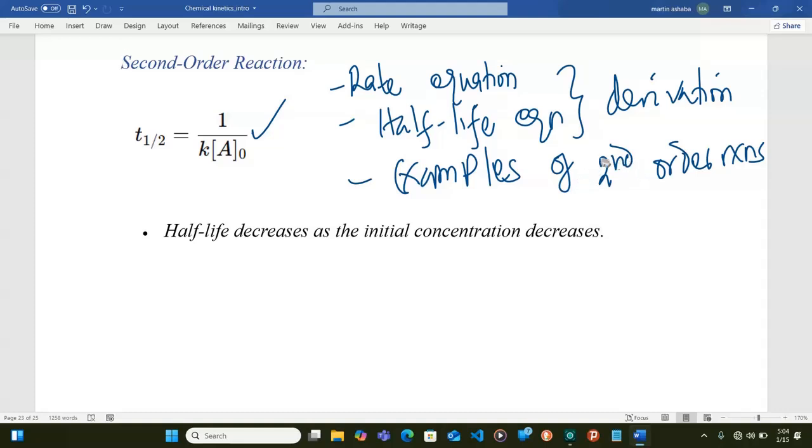second order reaction. So we proceed by saying that a second order reaction is the one in which the rate is proportional to the concentration of the reactant raised to the second power. So we are saying the rate is equal to k. If we have only one reactant A, then this is going to give us something like this.